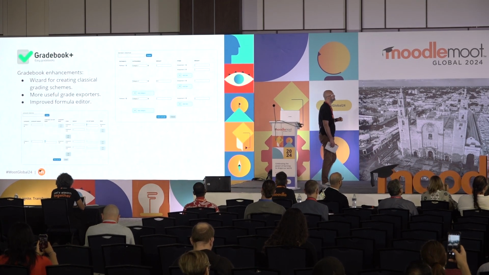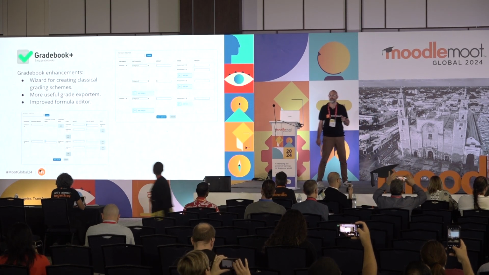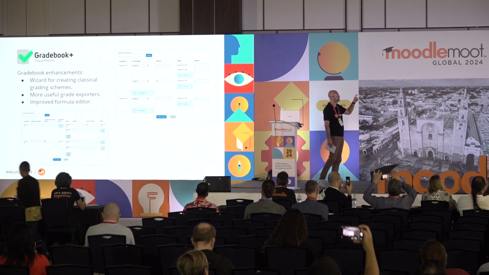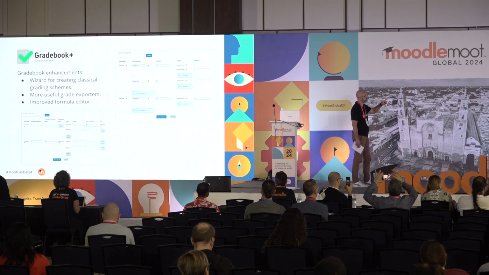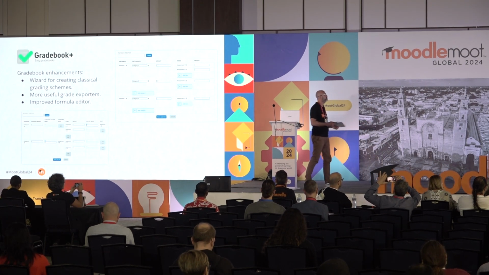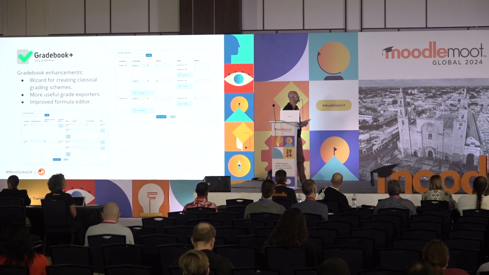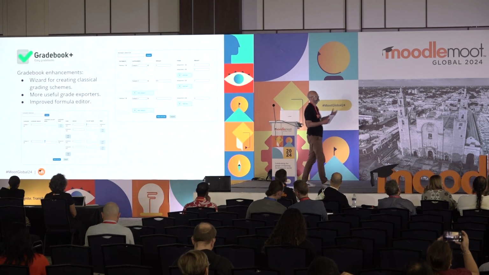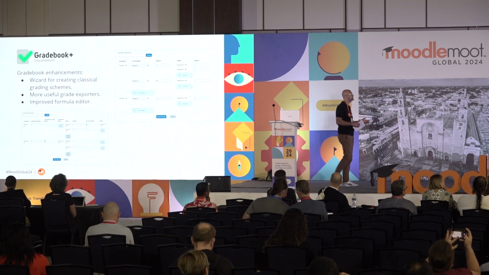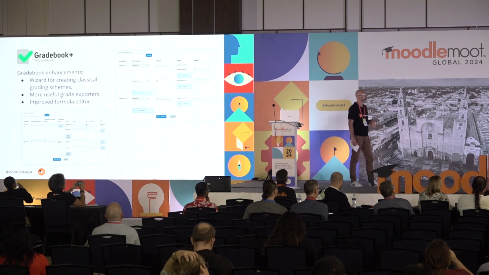Gradebook Plus integrates with the default gradebook of Moodle, but gives you another interface that allows you to more easily do some of the tasks that a teacher at the university normally has to perform on the gradebook.